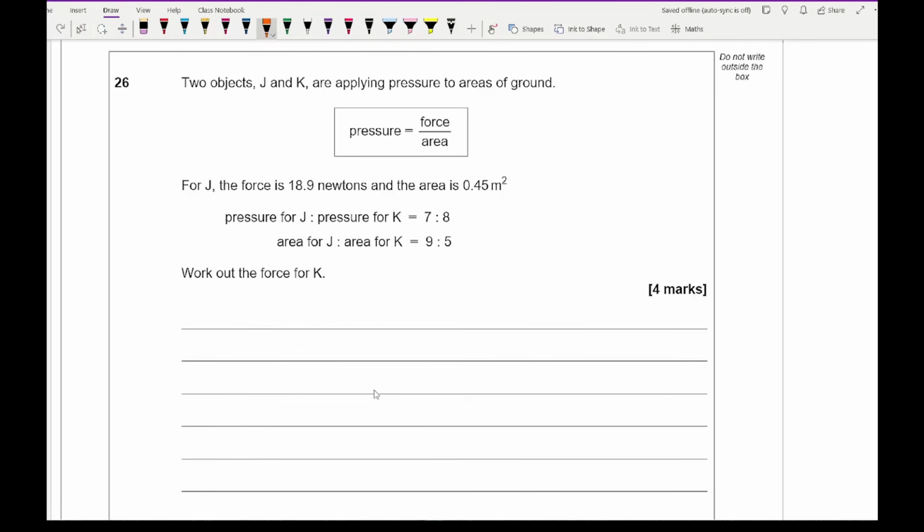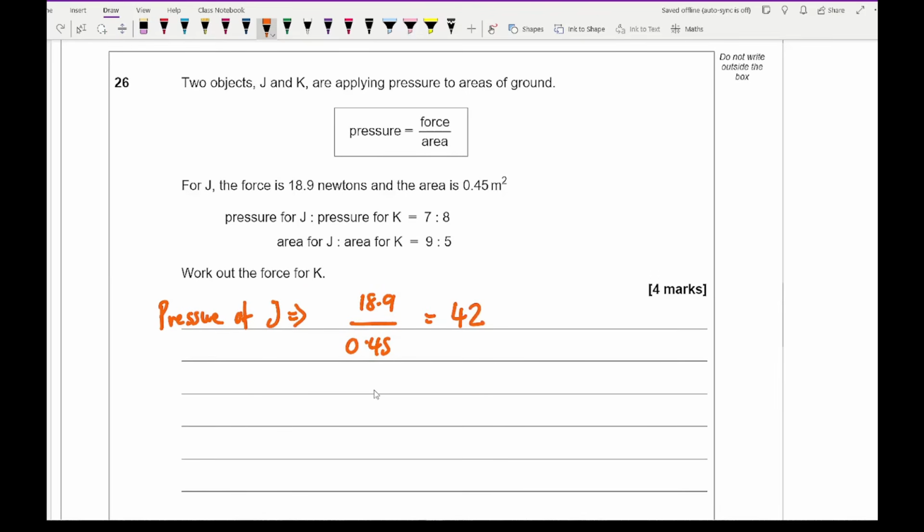So the first thing we need to do is to work out the pressure of K. So the pressure of J rather is going to be, using this formula, 18.9 divided by 0.45. And so if I type that all into my calculator, 18.9 divided by 0.45 gives me an answer of 42.